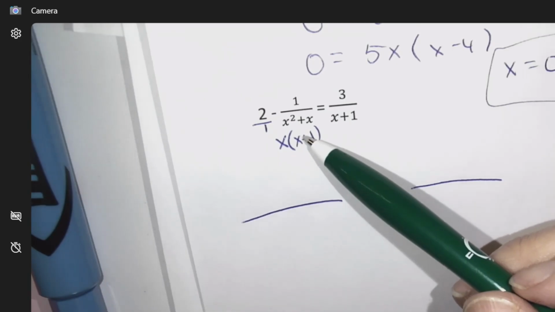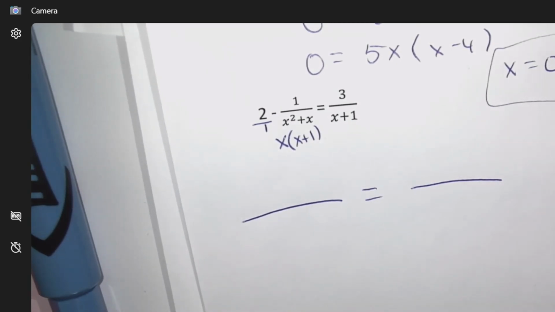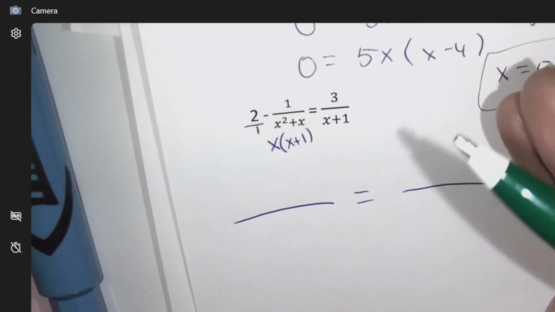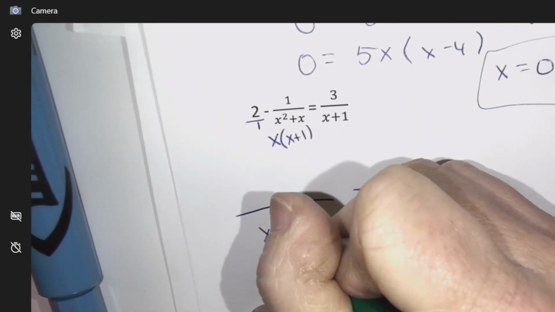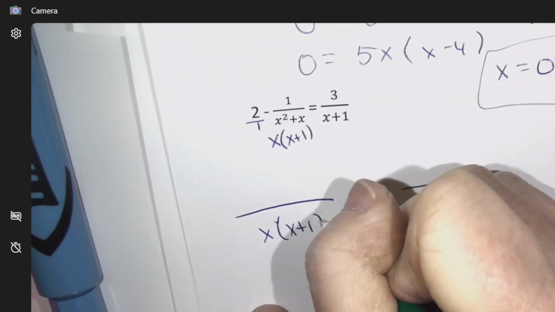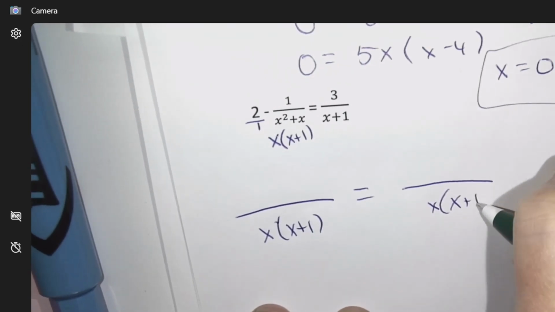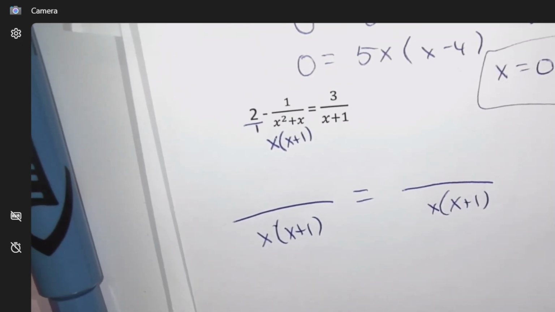Okay, so once I have that factored, I'm going to pick the same bottom everywhere. So this side and this side are both going to have bottoms that are the same. There we go. They both have the same bottom. I picked the common.